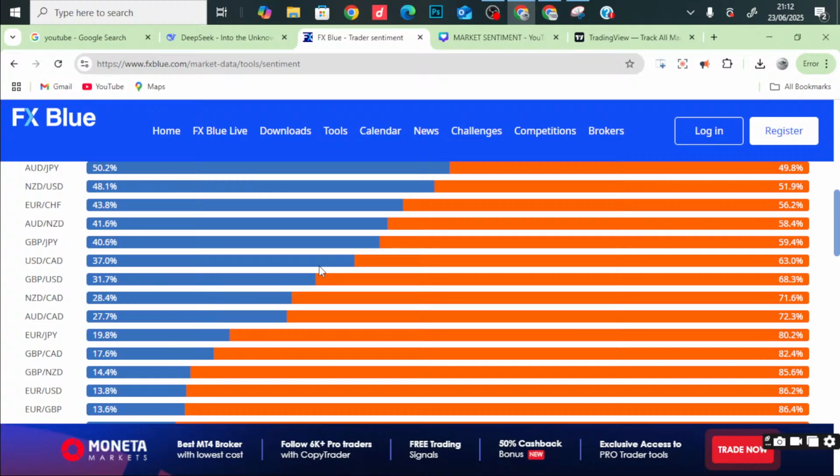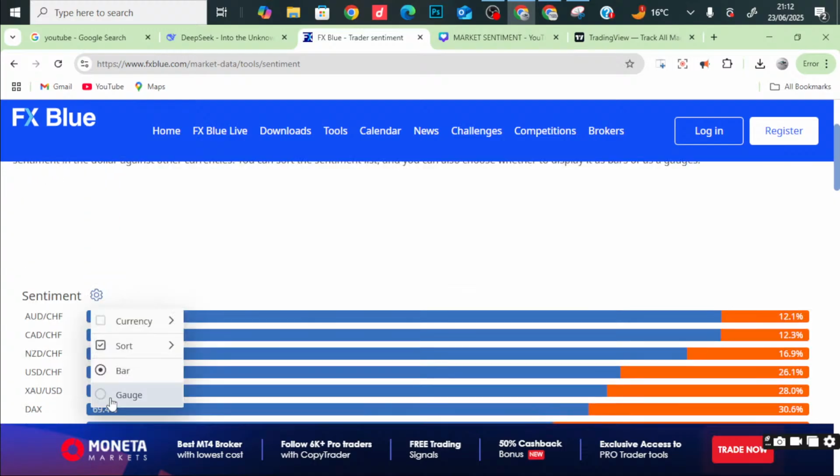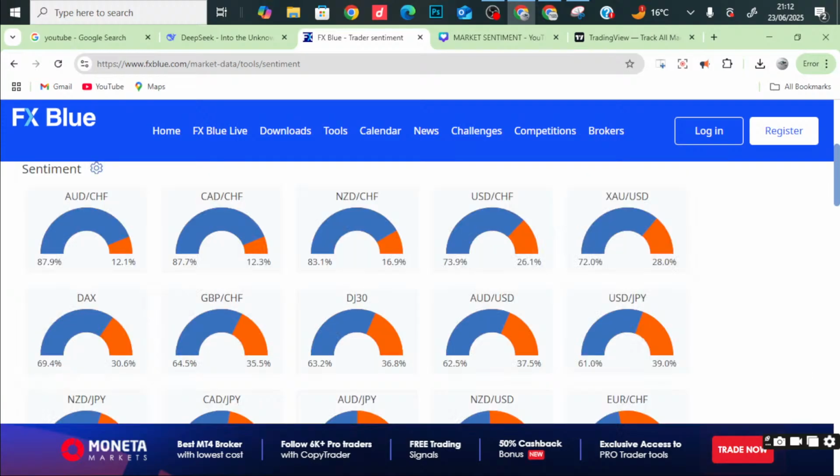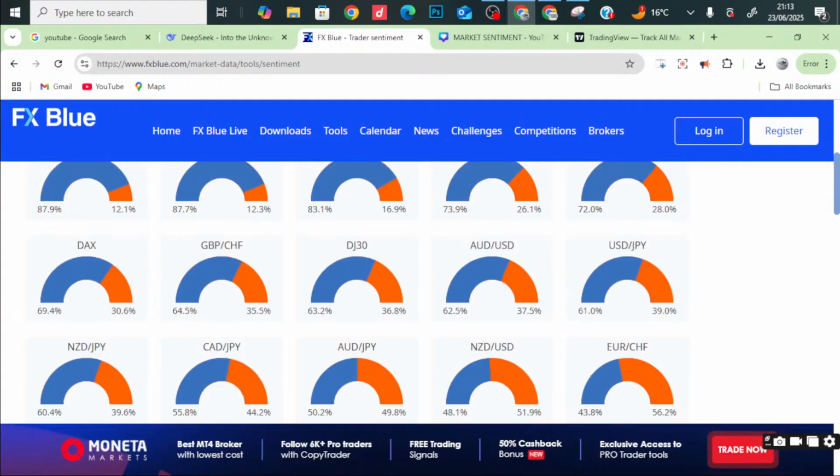So this is how it is. When you choose the gauge, you can see how it is for gold, what the buy position is, and the market went for sale.